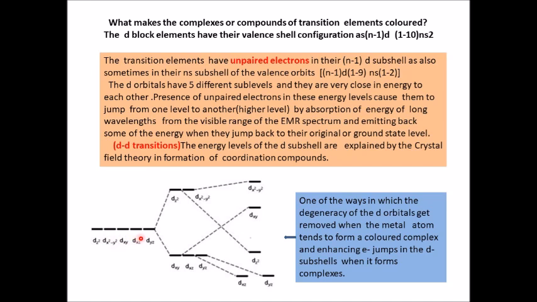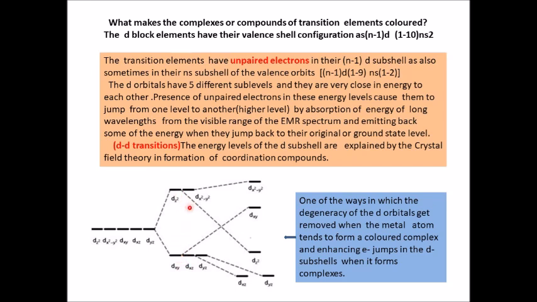Originally they were degenerate, that is of the same energy. Now after the bonding of the ligand atoms, they have split into different types of orbital sets: dxy, dxz and dyz, and here we have dz square and dx square minus y square, which have gone above, which have got an increased level of energy, while the dxy, the dxz and the dyz have got decreased energy.